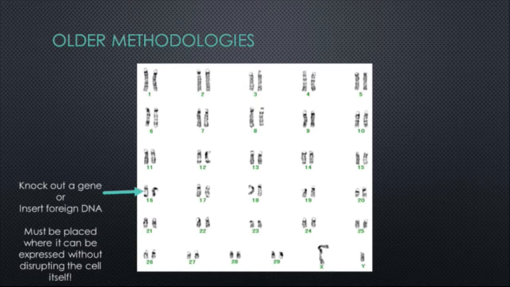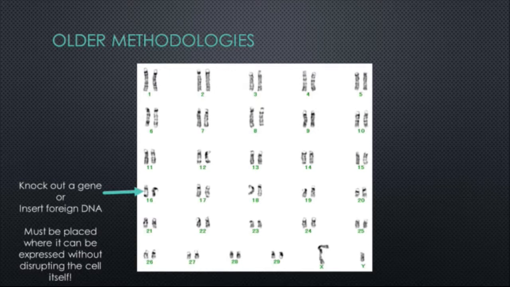The challenge with that is with the older types of technologies, whatever we wanted to put in there, we just sort of had to put it in there randomly and hope that it ended up in a spot that it actually worked. Because if we want to express an allele, we need to make sure that it gets inserted into the genome in a place where it can actually be expressed by the machinery in the cell.